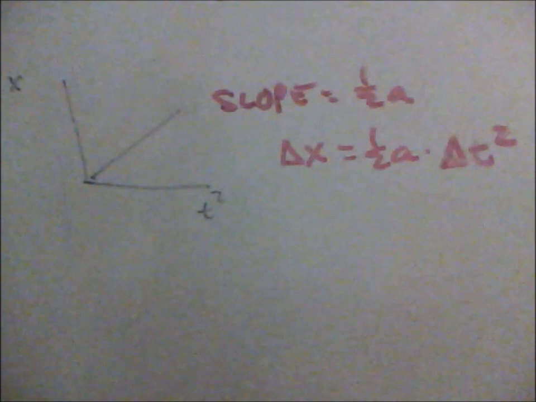So if that's the case, then the slope of our x-t squared graph has a new meaning. It's 1/2 of a. So that gives us the equation of this line as delta x equals 1/2 a times delta t squared. That is our first equation, which relates the position, the acceleration, and the time all in one package. And that's the cornerstone of the rest of our analysis of uniform acceleration.